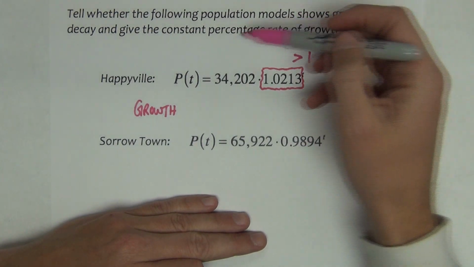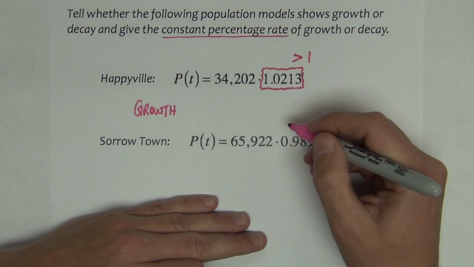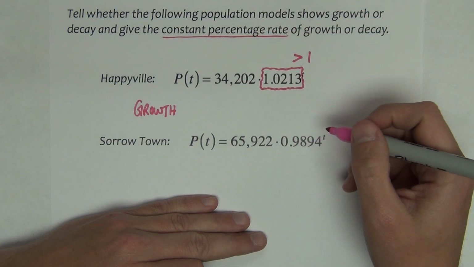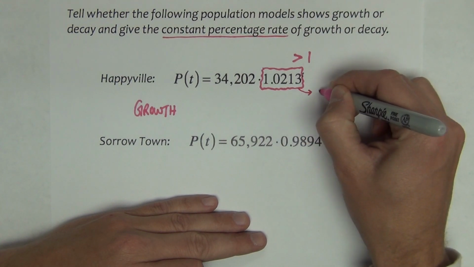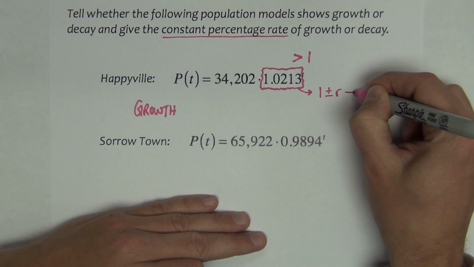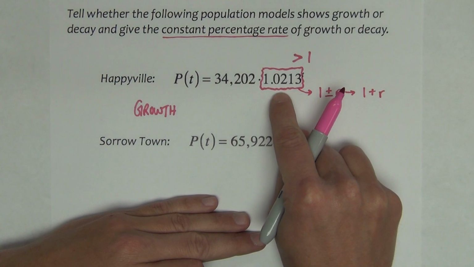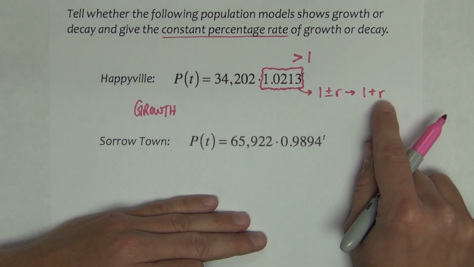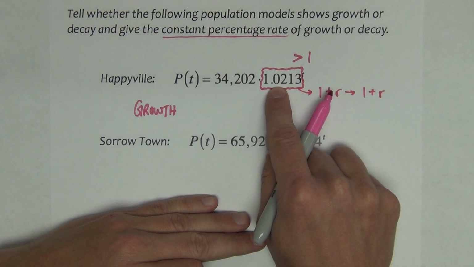So what is its constant percentage rate of growth? If you go back to that last slide, the population model, the base, this number here, was 1 plus or minus r. In our case, we're dealing with a 1 plus r because our number is larger than 1. So the question is, what was r? That 1 plus r was equal to this number right here.